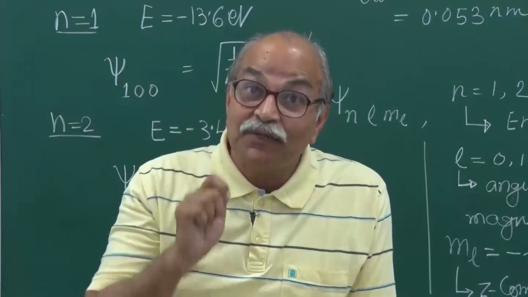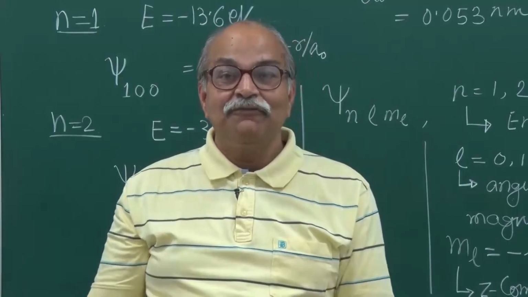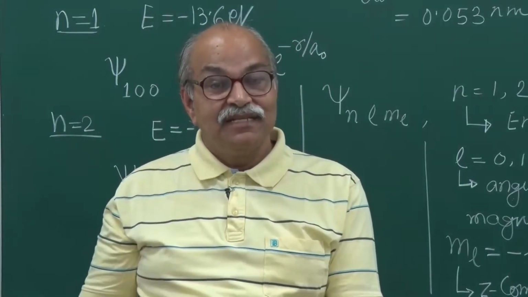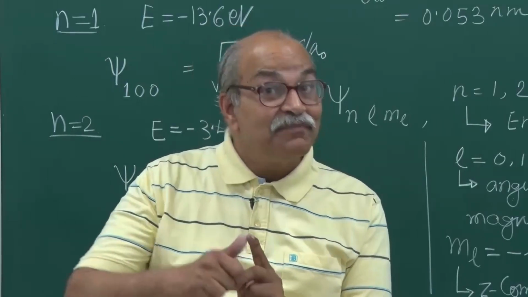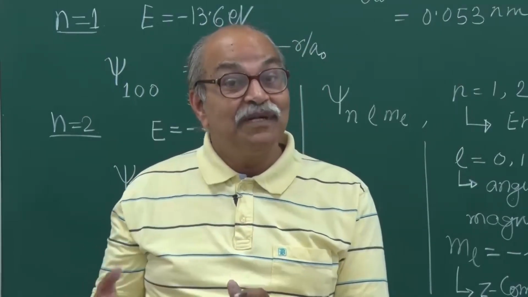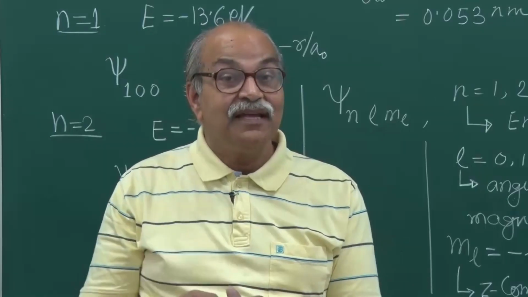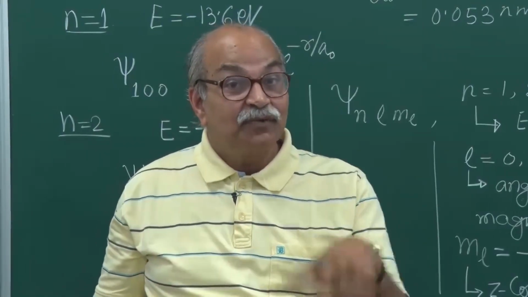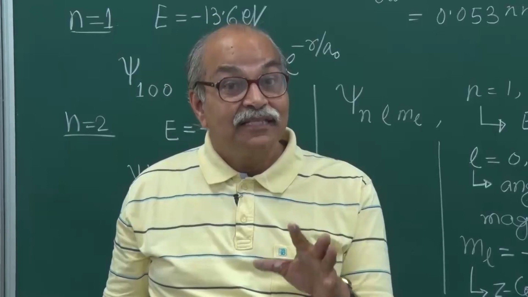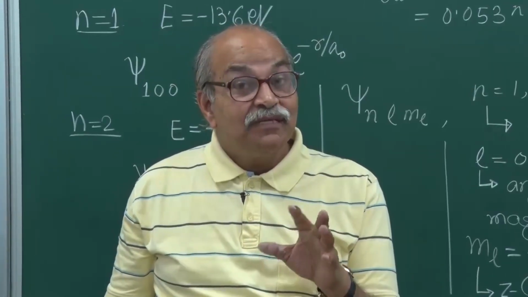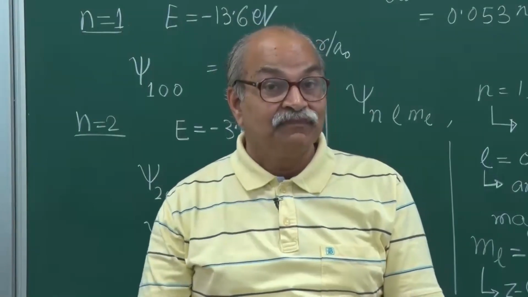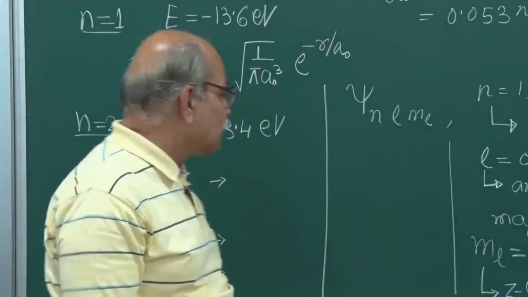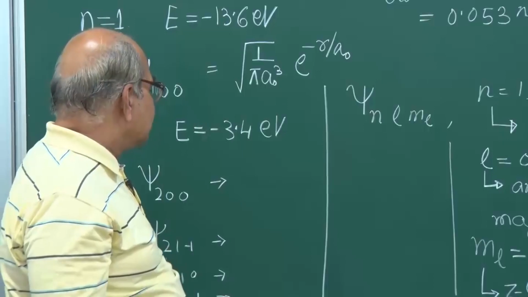And how do I know about it? I know about it from the magnetic moment. The angular momentum of a charged particle is related to the magnetic moment, and magnetic moment can be measured. So from there I know that each electron, each proton, each neutron has some angular momentum which is all built in there, not because of any kind of motion. Now for electron and also for proton and neutron, it turns out to be the same.